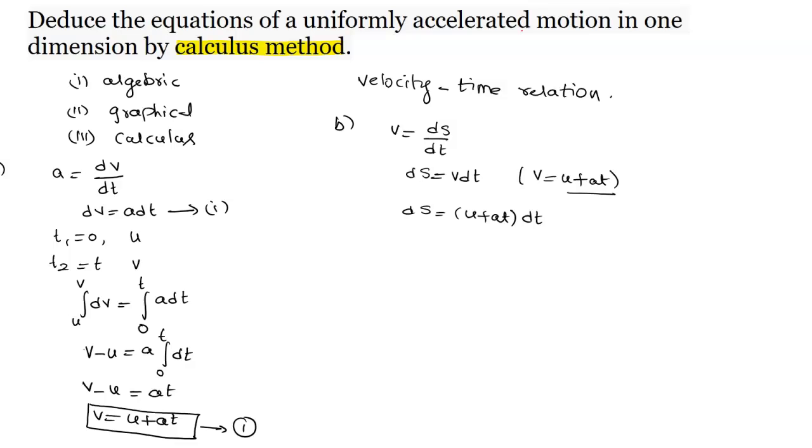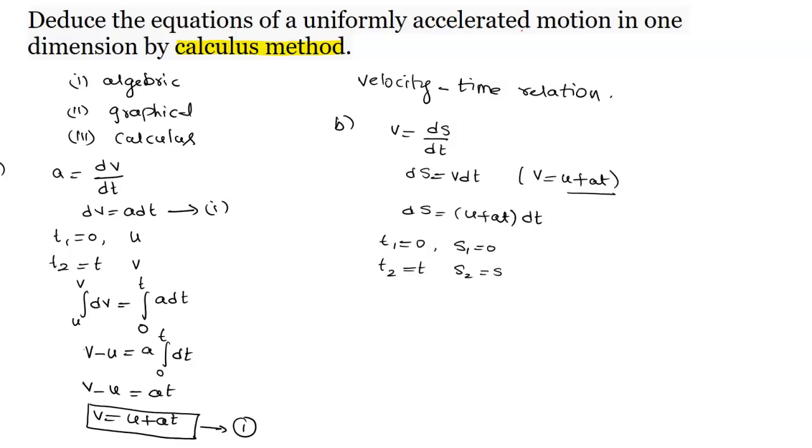For the integration of the second equation, when the time t1 is equal to 0, the distance traveled by the body is equal to 0. At t is equal to 0 seconds, the distance is also 0. After some time, that is t2 is equal to t seconds, the distance traveled by the body is s.